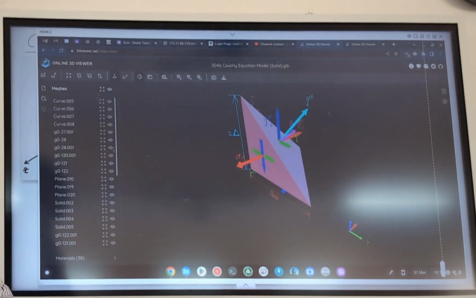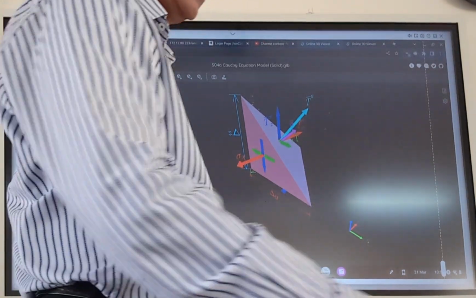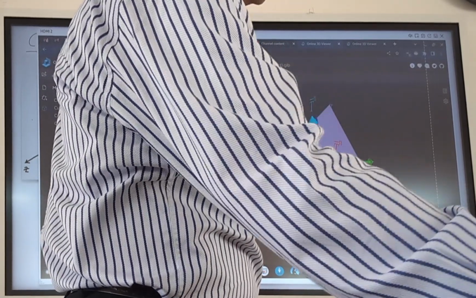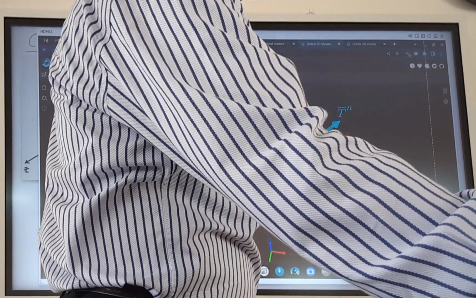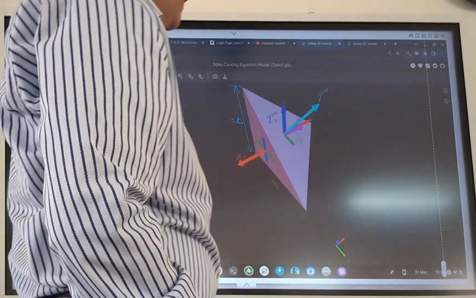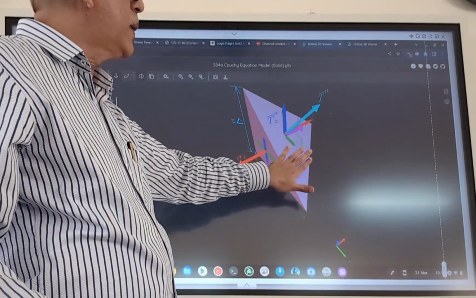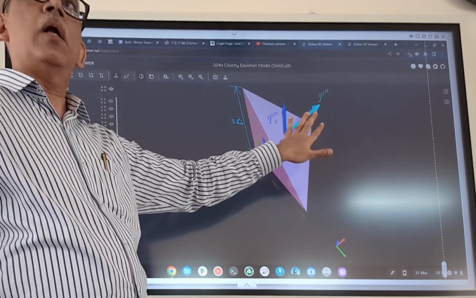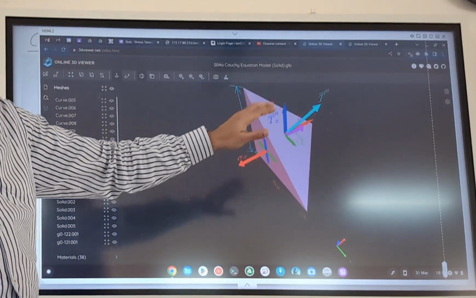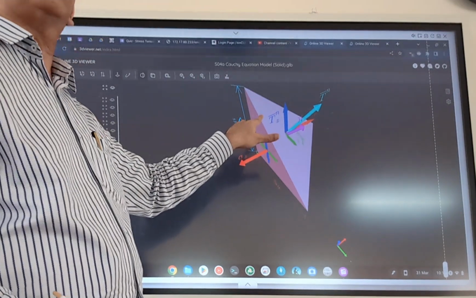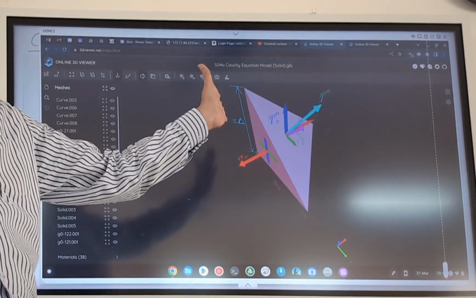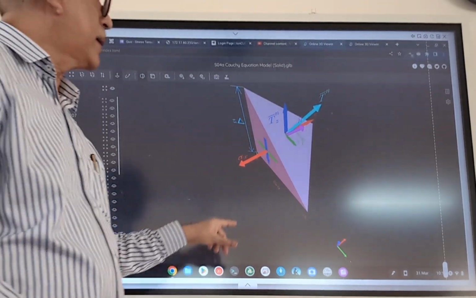What we are talking about is a tetrahedron, as you can see here. It has all triangular faces. Out of all planes, the plane where the arrow is drawn is the unknown plane on which you want to calculate the traction vector, and the other planes are parallel to the x-axis, y-axis or z-axis, or normal to the x-axis, y-axis, z-axis.